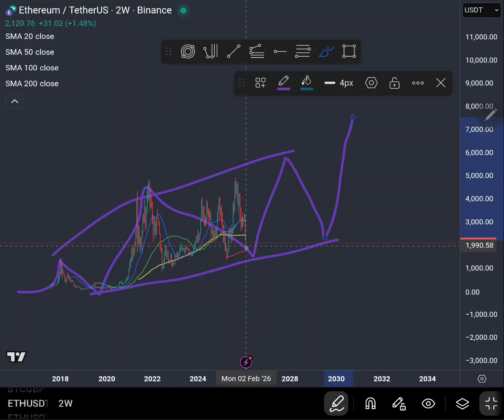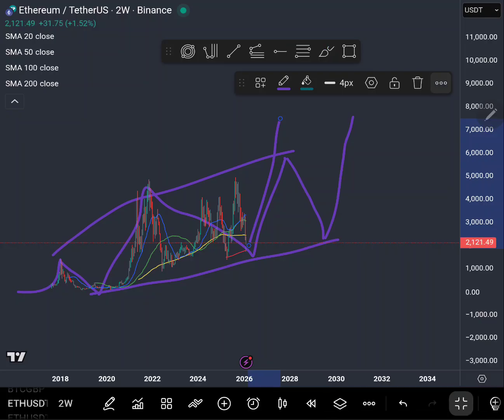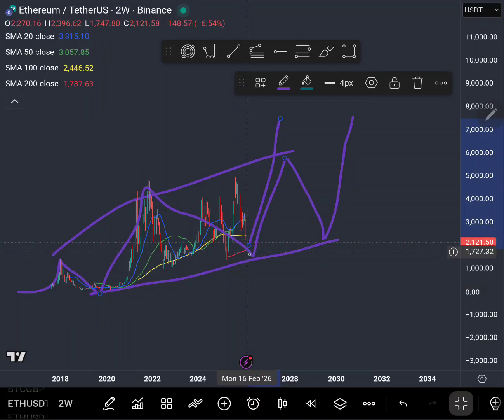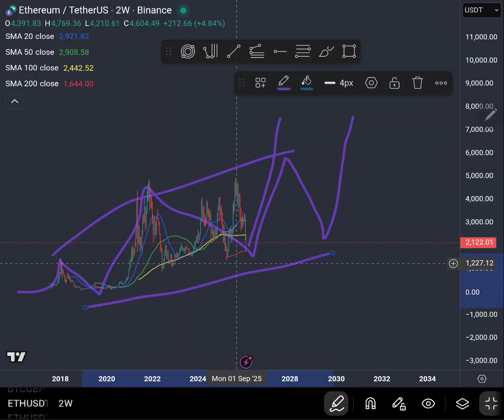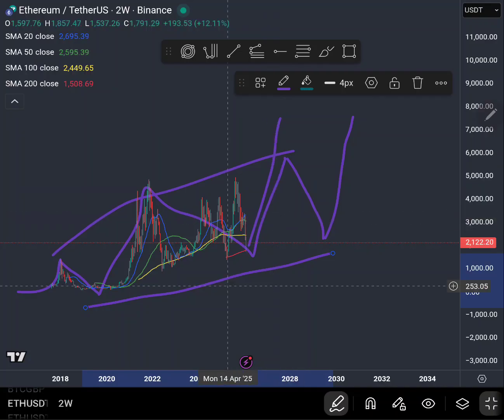That's not to say that Ethereum couldn't follow Bitcoin, but personally I think Bitcoin's number one. Ethereum will make money, but I think when Bitcoin takes off like a rocket, and I've seen this before, Ethereum tends to lag behind a bit.